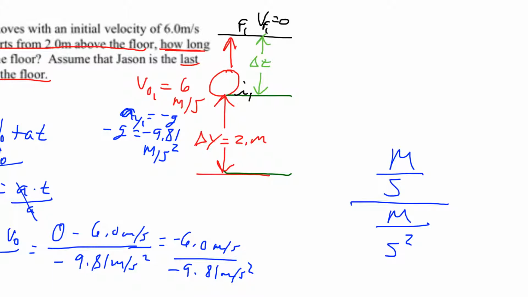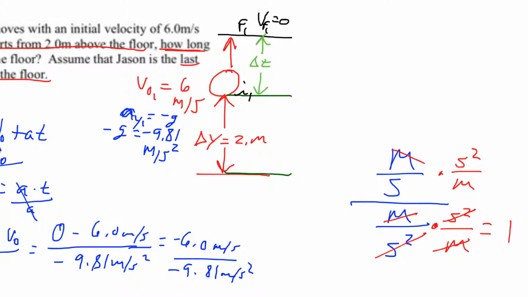Now to get rid of a complex fraction, you multiply by the reciprocal of the denominator. And whatever you do to the bottom, you have to do to the top. So down here, these cancel out, and that reduces to 1.